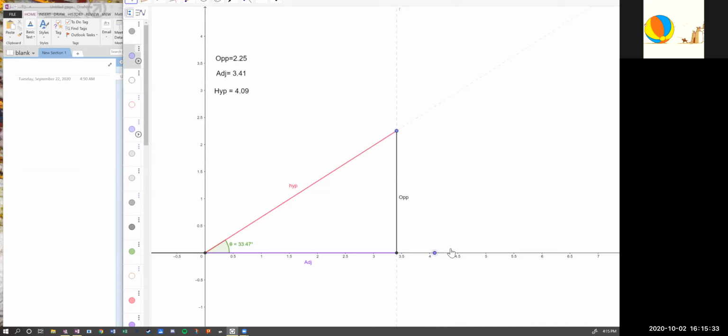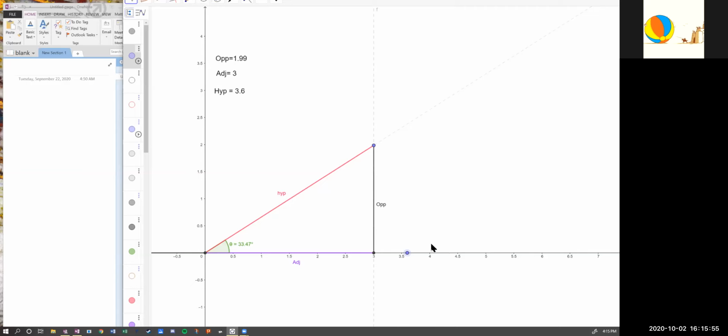But if I change the scaling factor, that'll scale the hypotenuse as well, and everything will change, except of course the angle. So I'm going to put that adjacent length at 3, just really arbitrarily. We can put it anywhere, but I'm just going to set it at 3 right now.